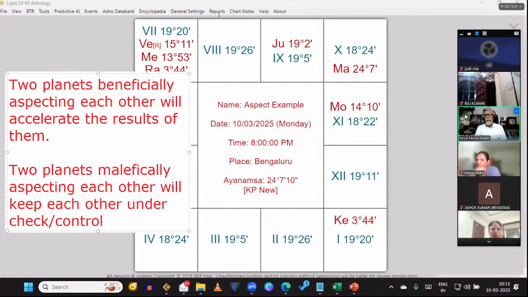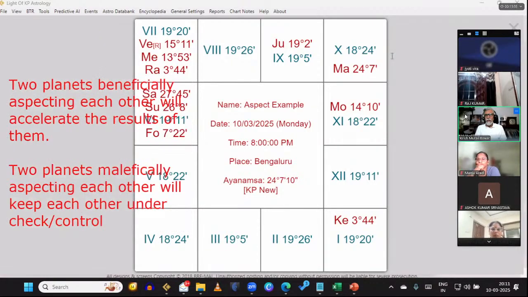So just to give you an example of this, let us say mother likes to do good to you. Let's say mother wants to buy you a scooter.